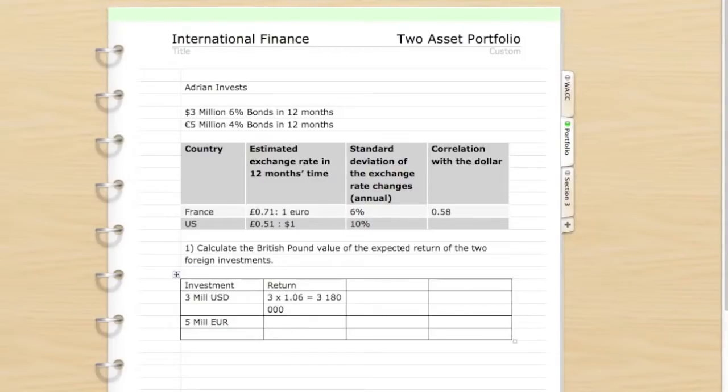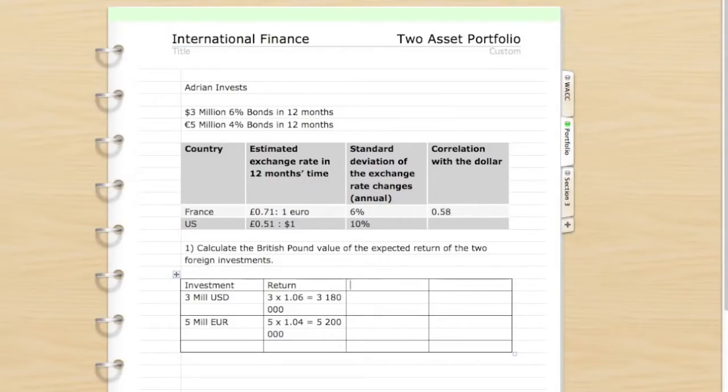And we do the same for the euros. We say 5 million times 1.04 equals 5,200,000 euros.